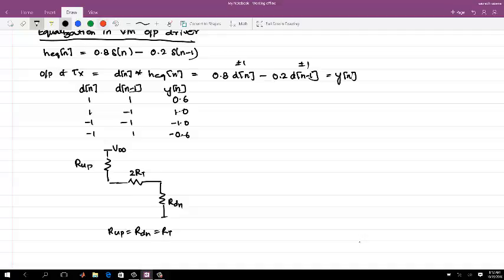And if you want a minus 1, then at that time this will be off, and you have R down. Will it be this way or so?